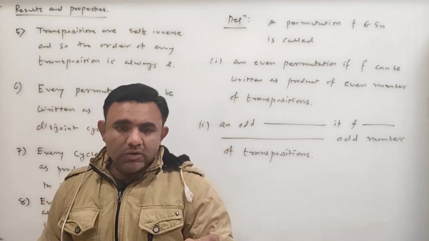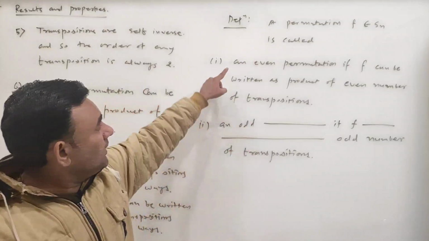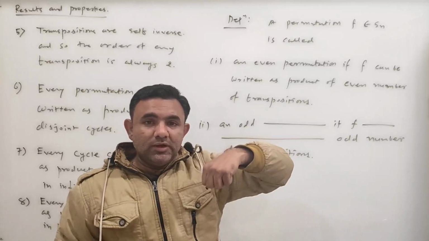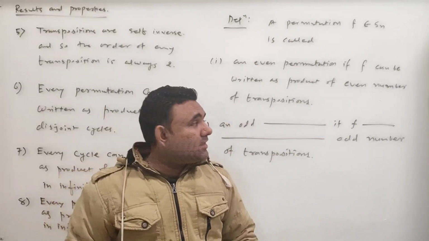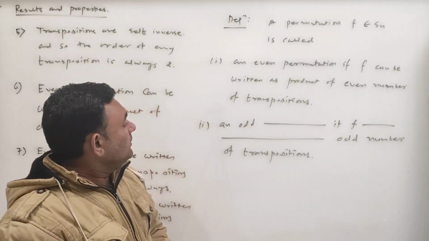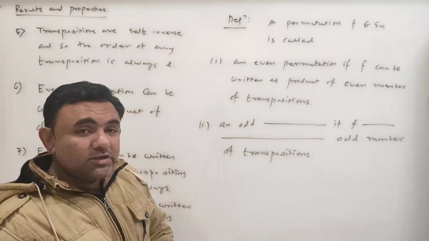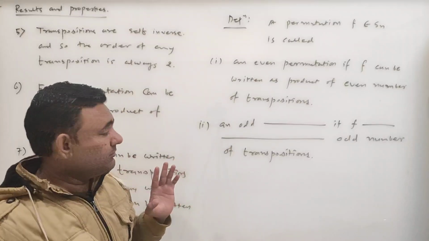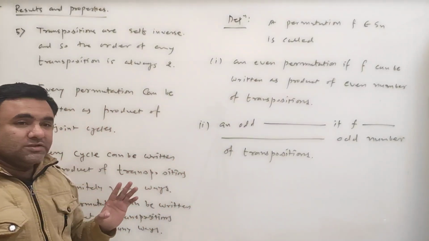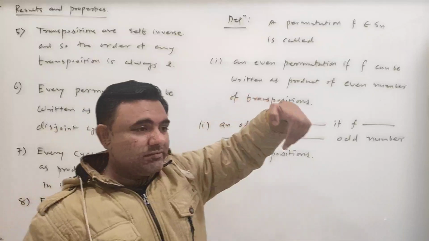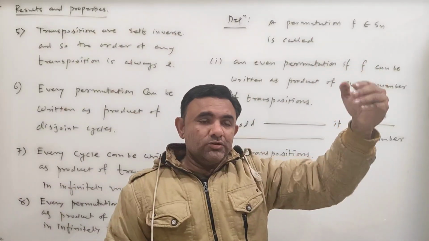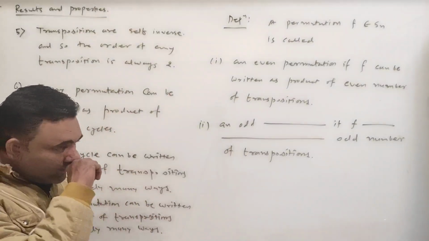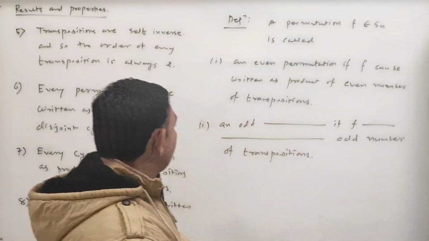If that number of transpositions is even, then I will say my permutation is an even permutation, and if the number of transpositions required to represent the permutation is odd, then I will say it is my odd permutation. So I hope this is clear. So in the previous example we required 4 transpositions, so it is an even permutation. Okay.